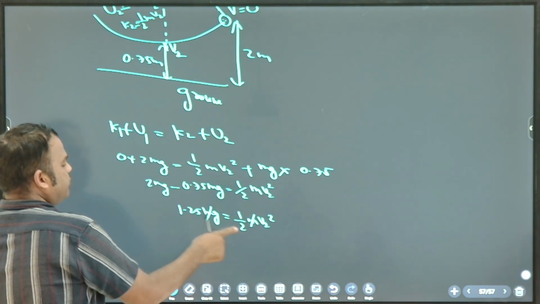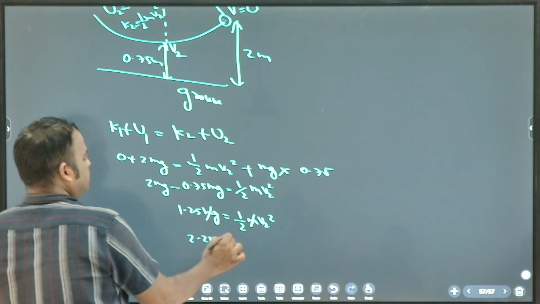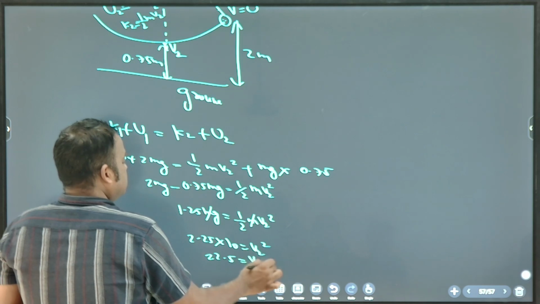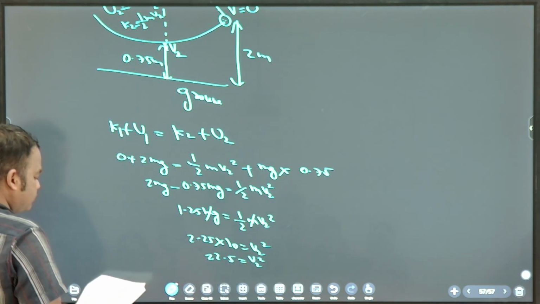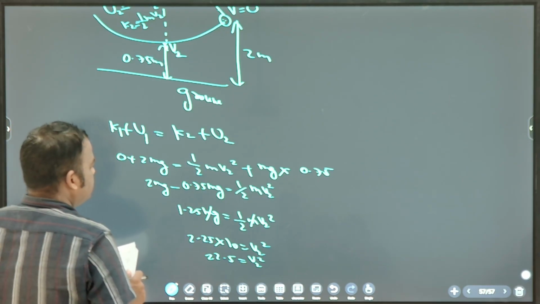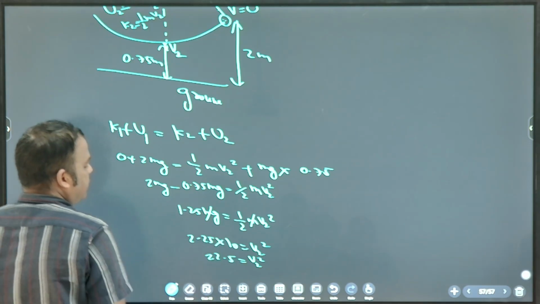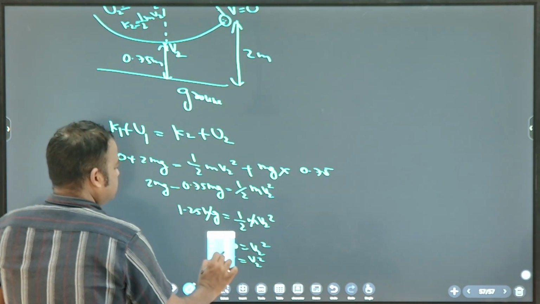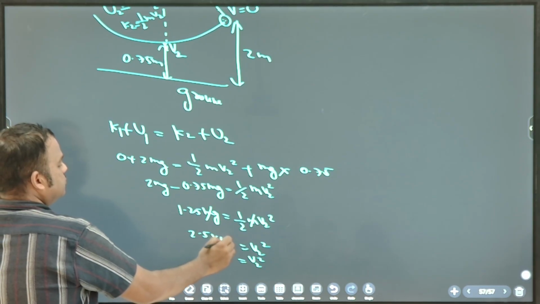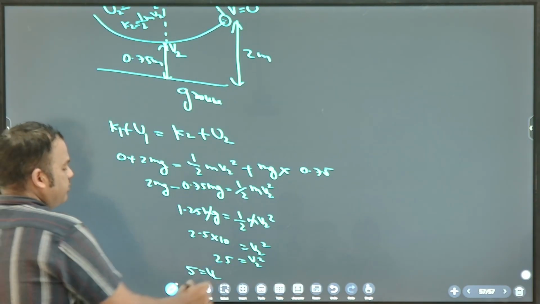So 1.25 into 2, 2.5, 2.5 into 10 is equal to v2 square. So 25 is equal to v2 square. So v2 is 5, so speed is 5.